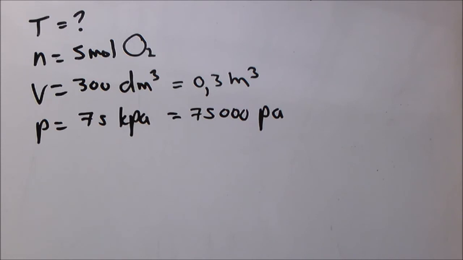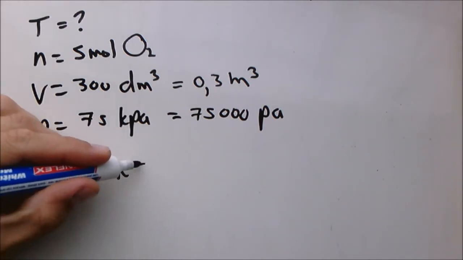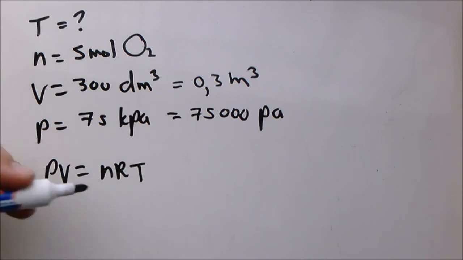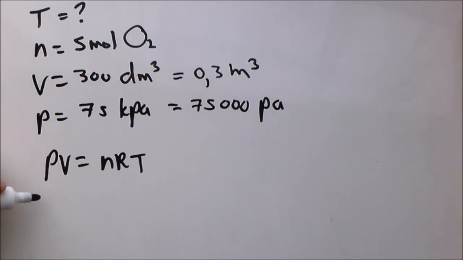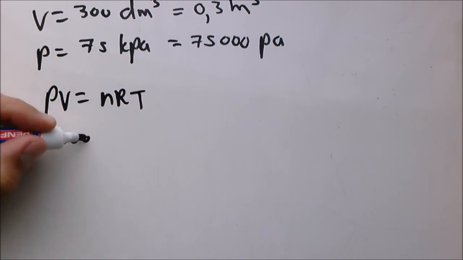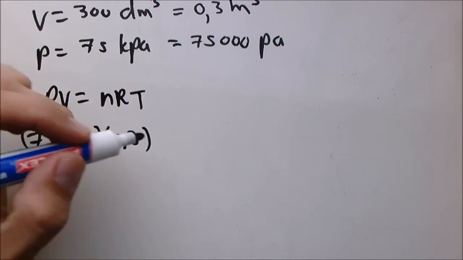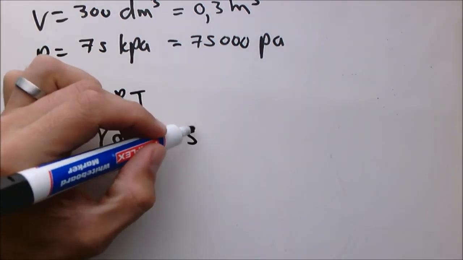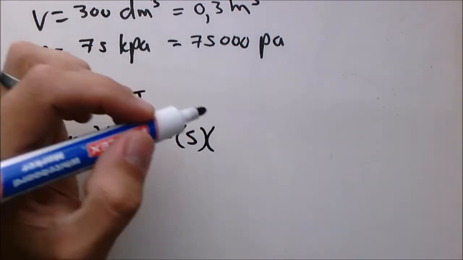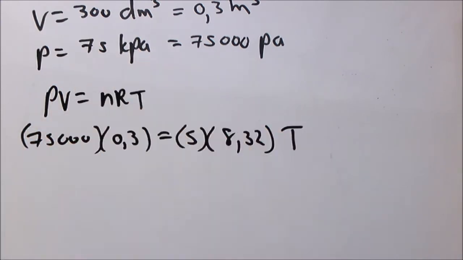Okay, now let's apply PV equals nRT, and we want to calculate temperature. Let's just substitute. So 75,000 times 0.3 equals 5 times 8,32 times temperature.